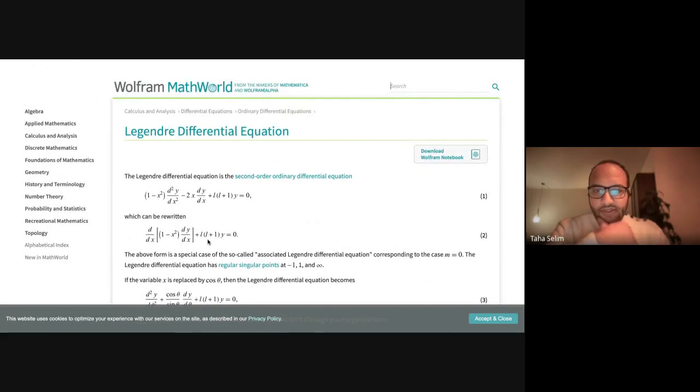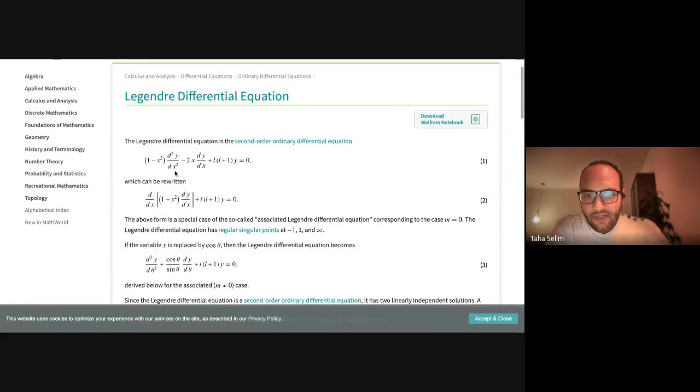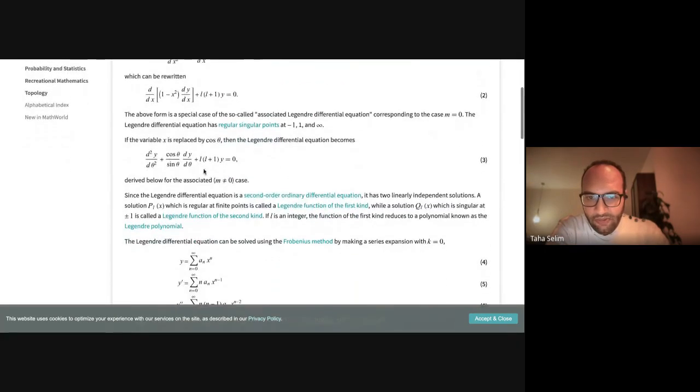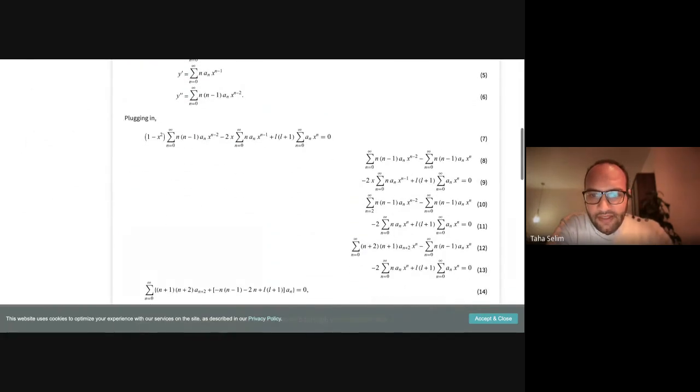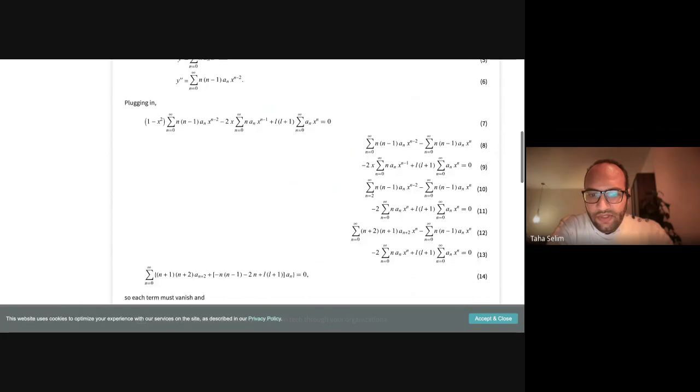Okay, so this is the Legendre differential equation. It's very fancy because it has 1 and x squared, and it also has L times L plus 1, and with that you get these points that are defined from minus 1 to 1. Typically we have very special polynomials, but the only way to get meaning out of them is to use them in a use case.